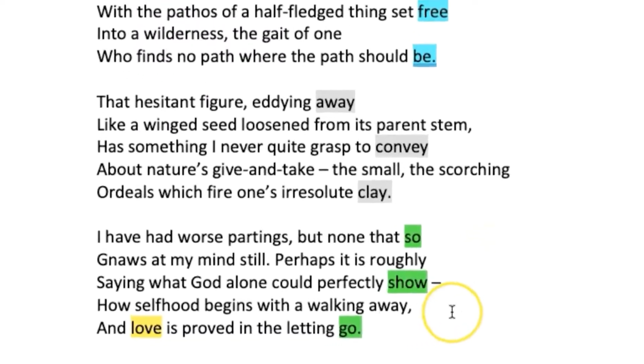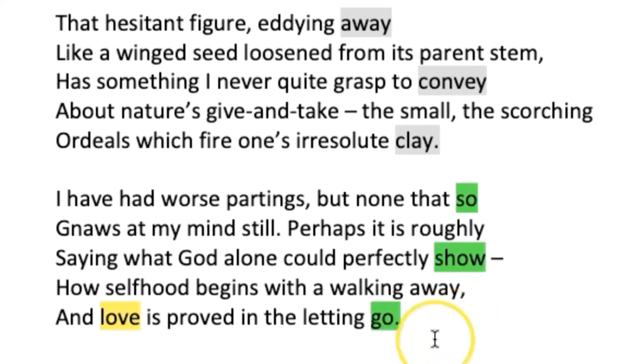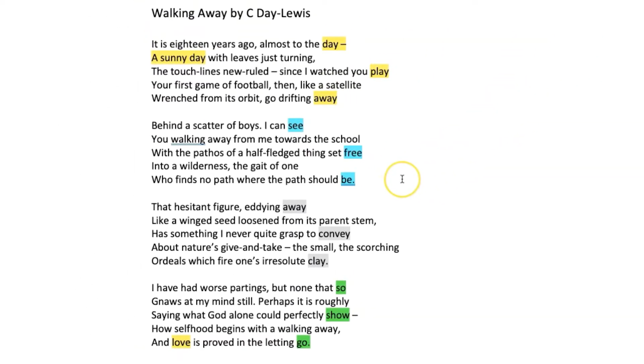He ends up with this idea that love is actually letting the person you love go so that they develop their own personality, freedom and life. That's what being a parent is about. So we can see that the tone is unsettling because the parent is pained by this inevitable consequence of loving your child.